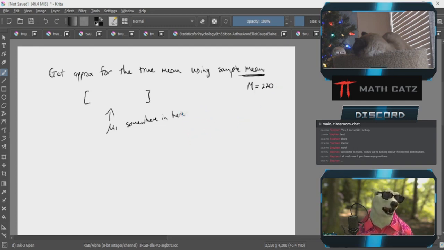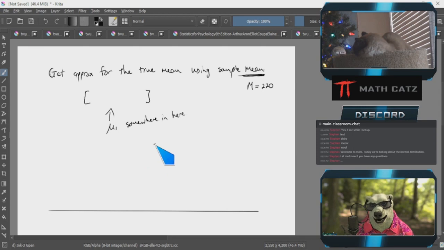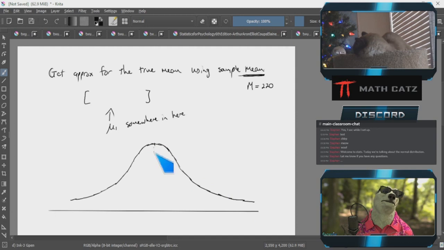However, if we look at the distribution, let's make a new graph over here. I'll attempt to draw a normal curve for population 1. The symmetry is the challenge. There we go.